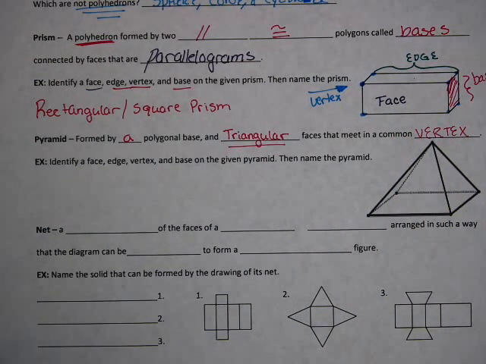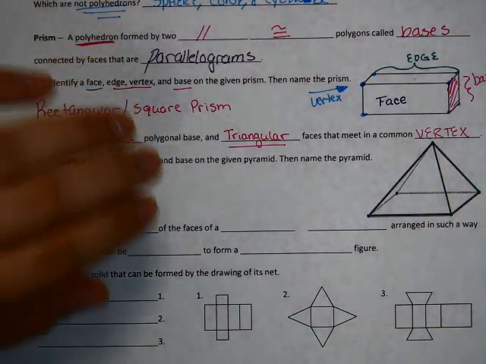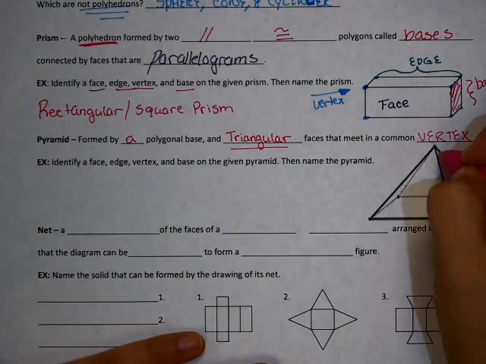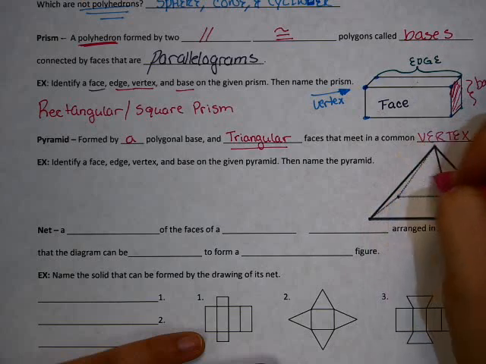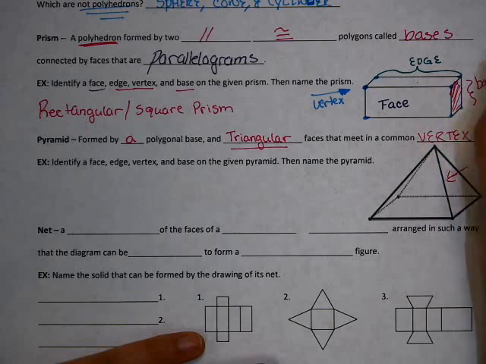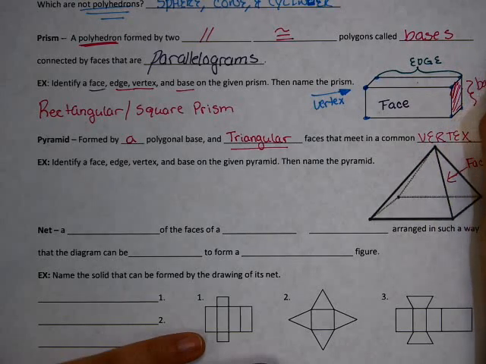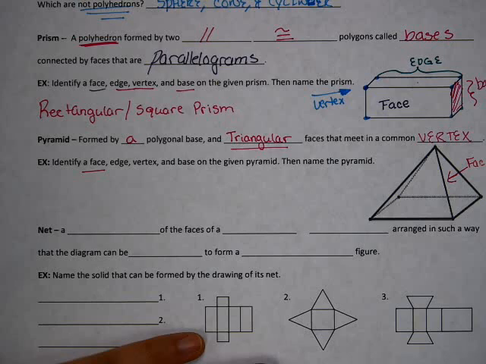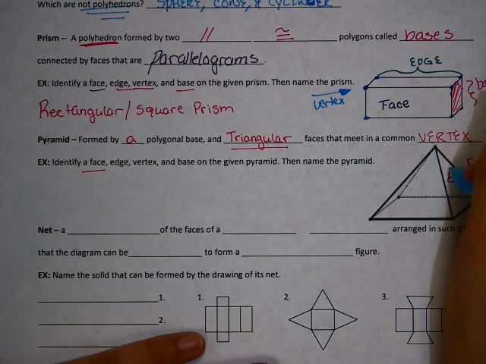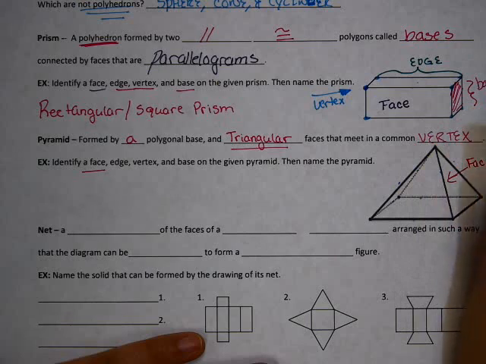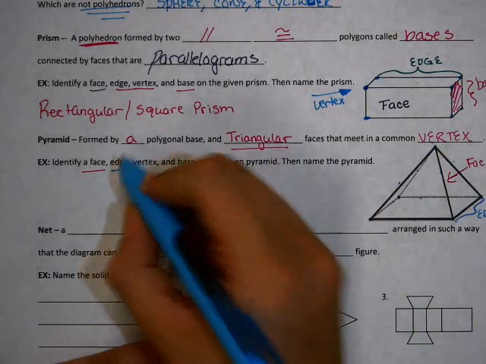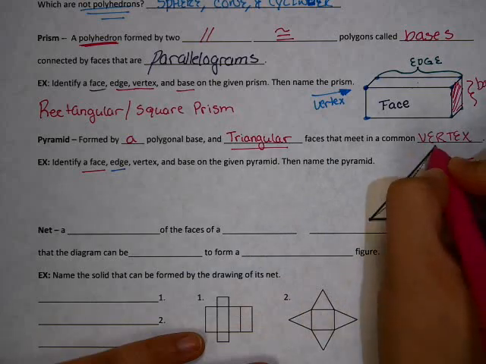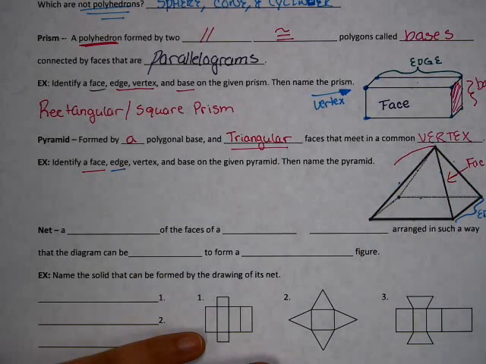Okay. So first identify the face. Well, if we look here, this part right here would be a face. All four of these are faces. An edge, we have 1, 2, 3, 4, 5, 6, 7, 8 edges in this diagram. A vertex, let's make this one specifically the common vertex.